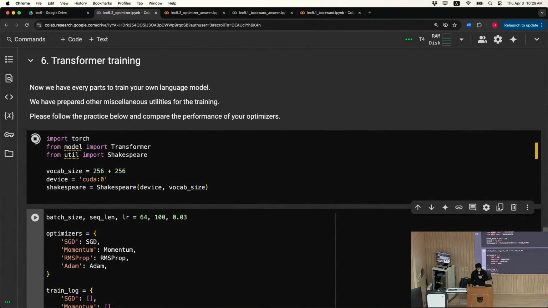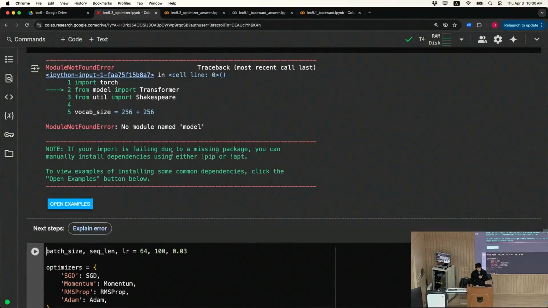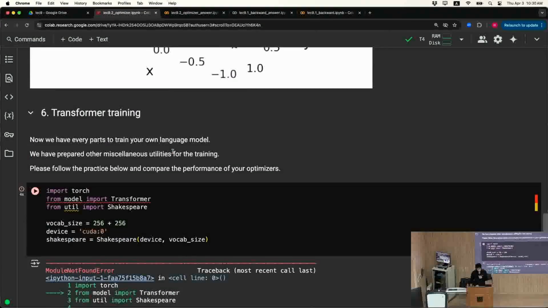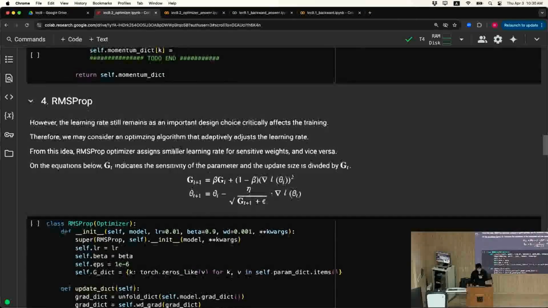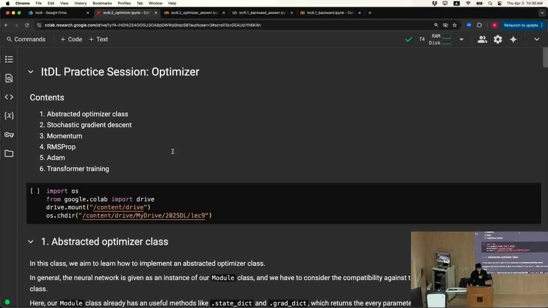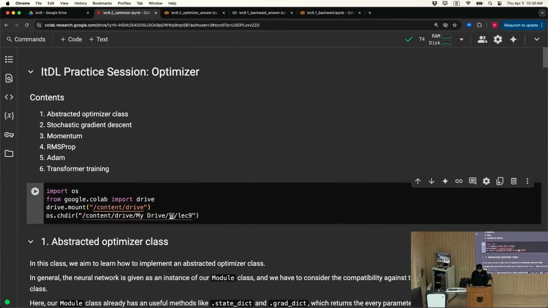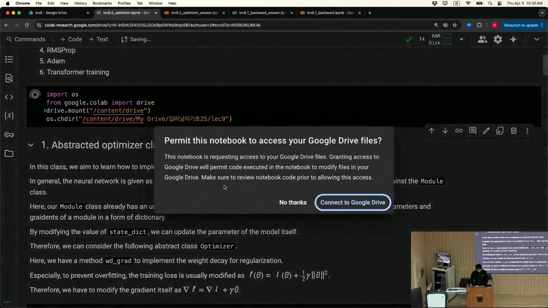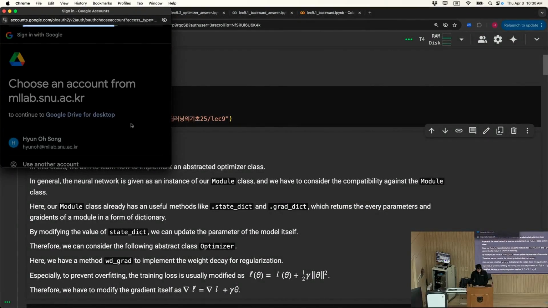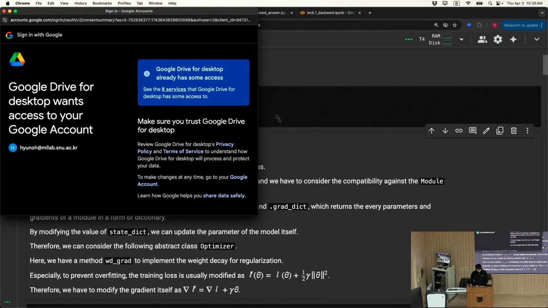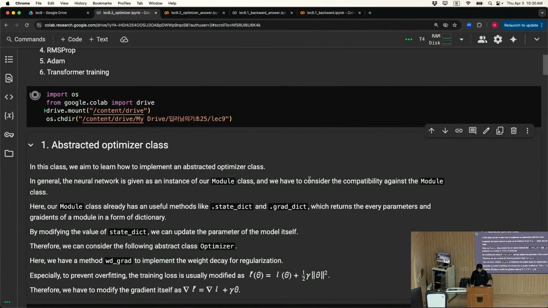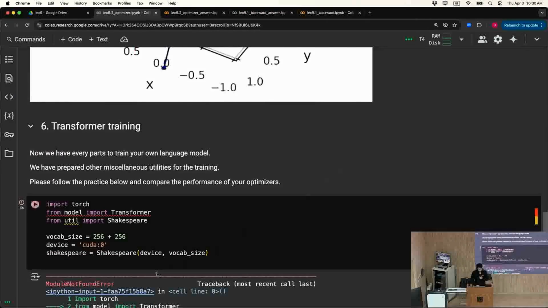We're going to use a very small dataset called the Shakespeare dataset. The dataset is already included in the folder so that you don't have to waste time downloading.